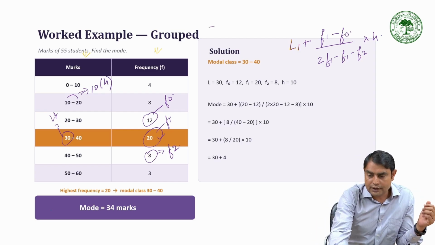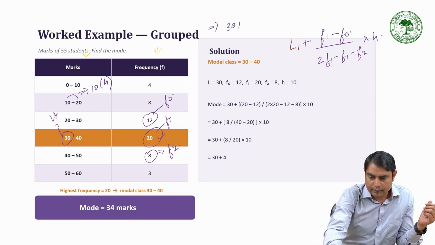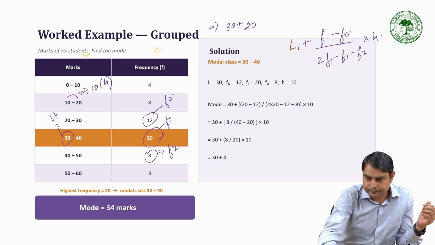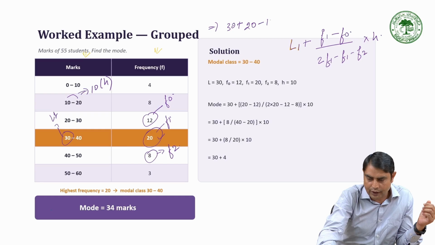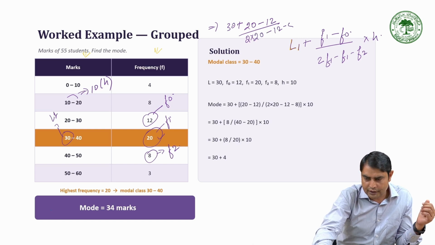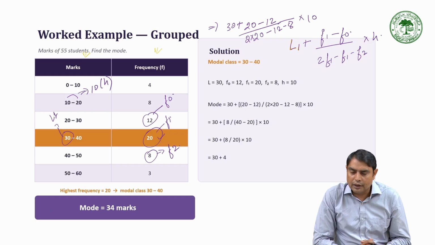So my final answer: L1 is 30 plus F1 is 20 minus the previous class, 12, upon 2 times 20 minus 12 minus 8, into H, which is 10, right? And then you solve it.